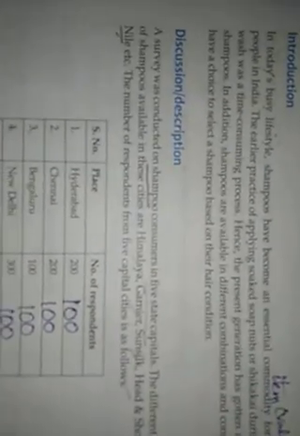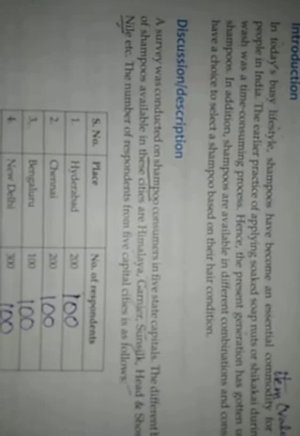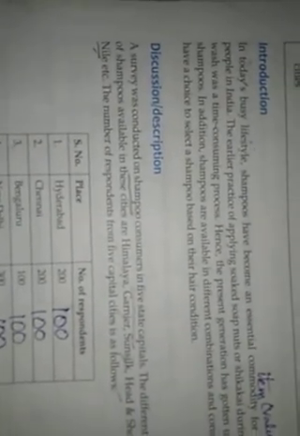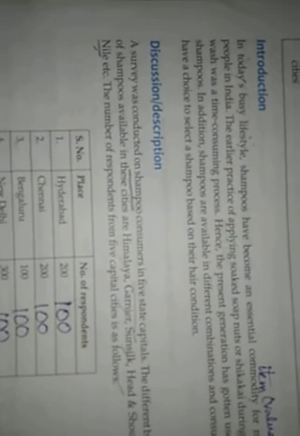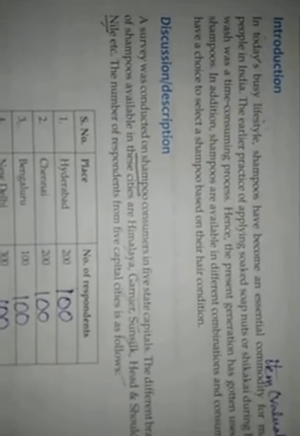The different brands of shampoos available in these cities are, look at the shampoo names: Himalaya, Garnier, Sunsilk, Head and Shoulders, Nile, etc. These are the shampoos. You can write your own shampoos.